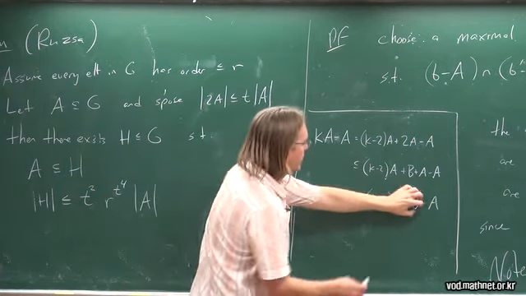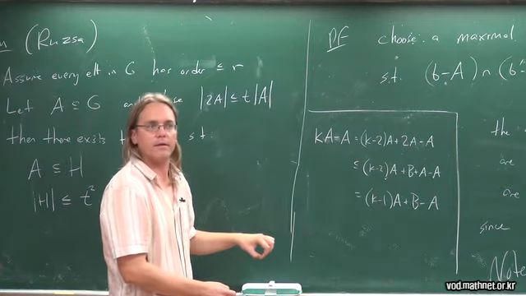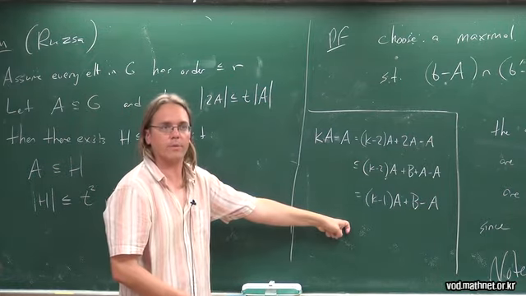So now just put this B to the side. Now you have K minus 1 times A minus A. You can repeat.